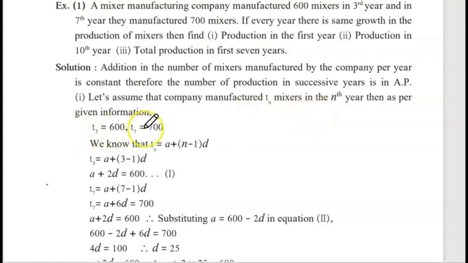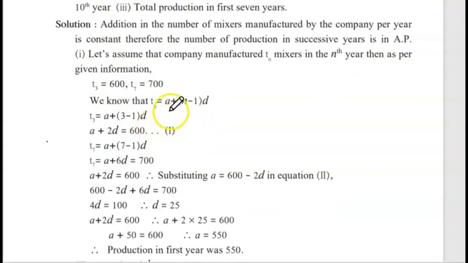Then as per the given information, T3 is equal to 600, T7 is equal to 700. We know that Tn is equal to a plus n minus 1 into d. Therefore, n is replaced by 3. Therefore, T3 is equal to a plus in bracket 3 minus 1 into d. a plus 2d is equal to 600. This is the first equation.